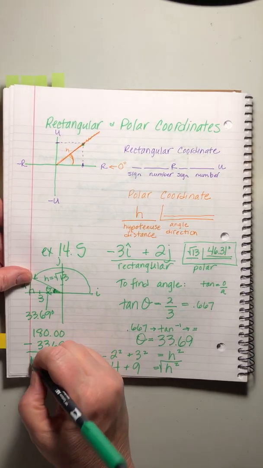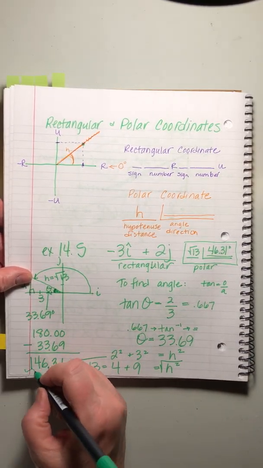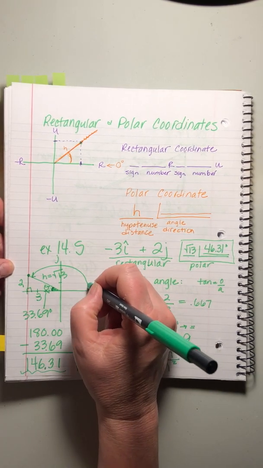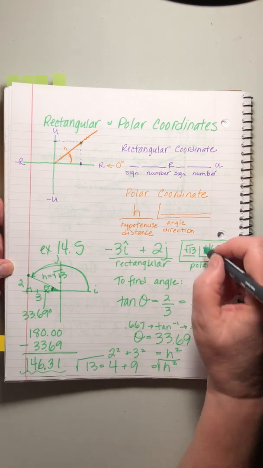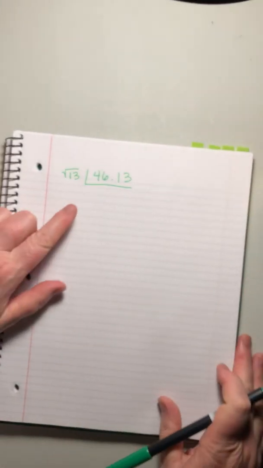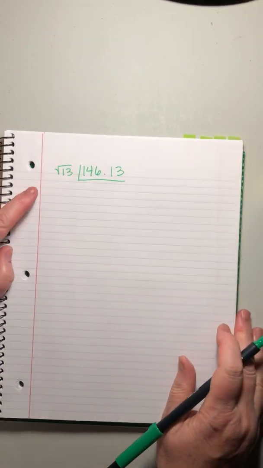It's 146, right? When I subtracted here, I forgot to bring the 1 down. So this angle, which makes sense, right? 46 wouldn't be nearly enough. This angle here is 146.31.